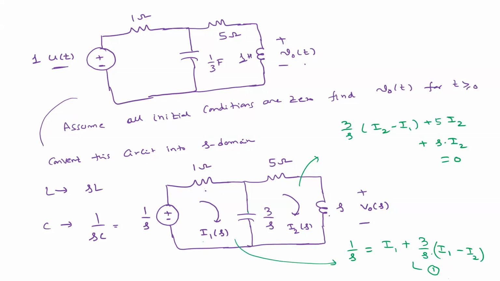Now we have to bring this in terms of I2. So we need to find I1 in terms of I2 from the two equations and substitute it here.